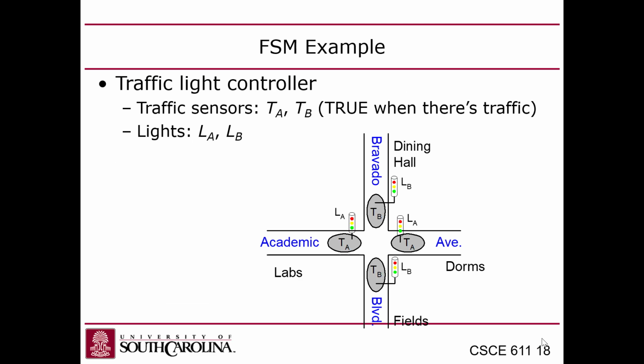Okay, so here's another example of something you might use an FSM for. This is the example from the book. This is a traffic light controller. So in this case, you've got 2 streets.